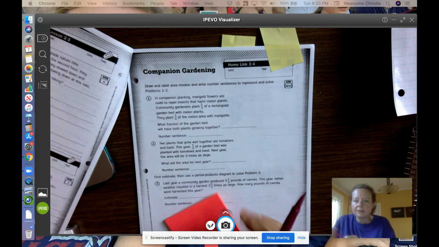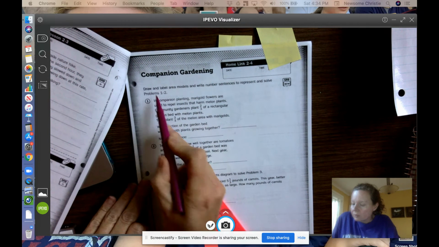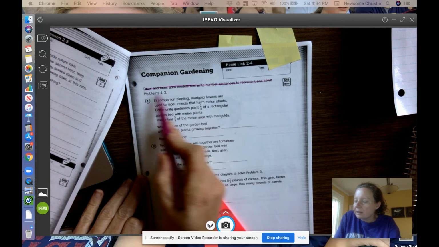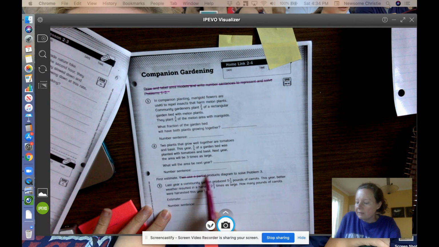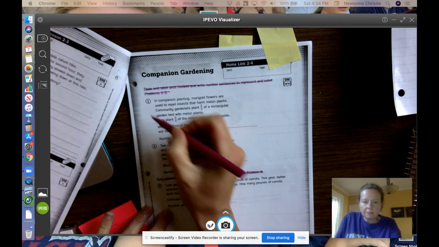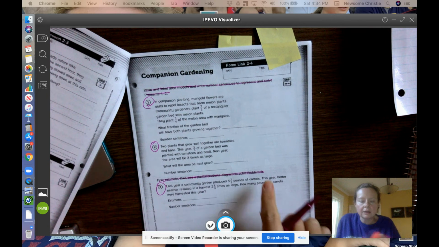This is the lesson that is a lot of the modeling, and I still don't need you to model it. So here where it says draw and label area models, you don't have to do that. I just want you to solve the problem. And then use partial products diagram. You don't have to do that. Just solve the problem. So I'd like you to try 1, 2, and 3 here on HomeLink 2.4.